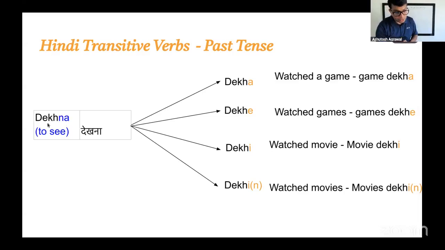Okay, so dekhna is to see or to watch, right? You watch something or you watch someone. So you have this verb dekhna ending with na. When you want to conjugate it, say you want to say I watched a game. If the thing that you watched is masculine singular, you remove the na and you put a at the end.